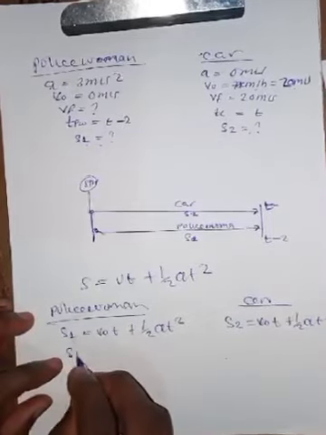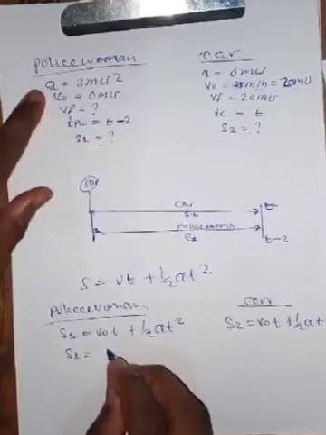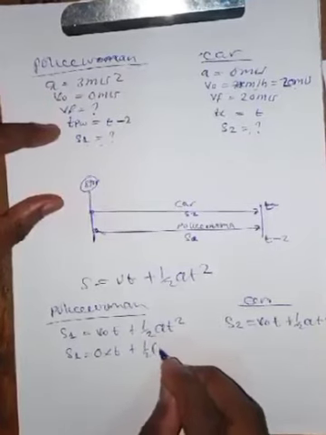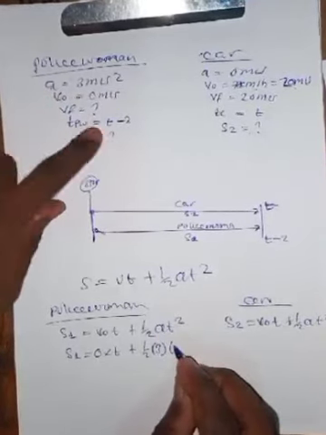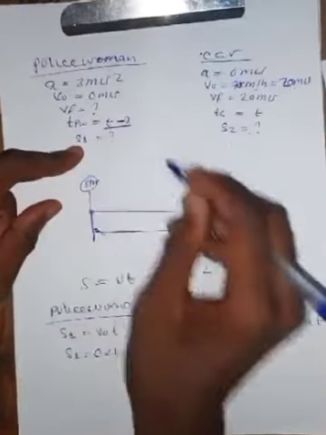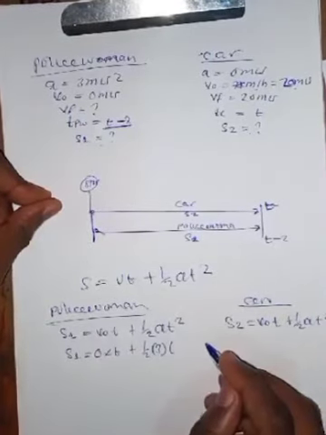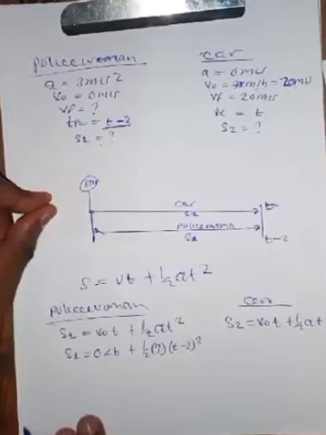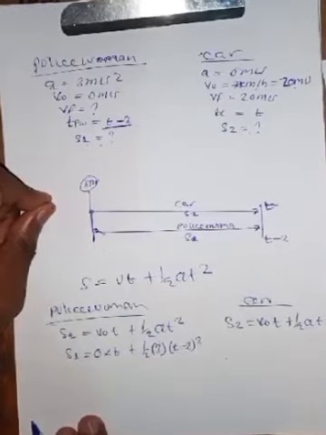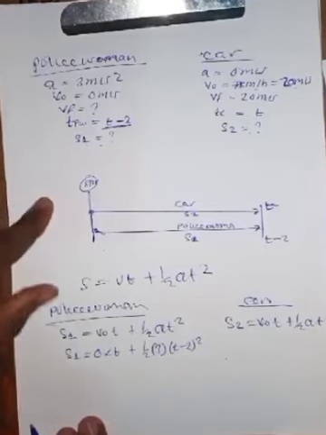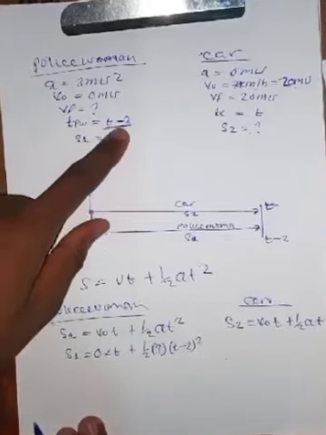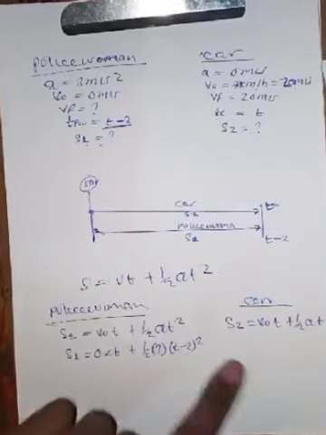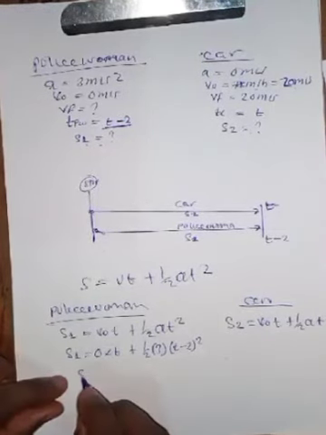Definitely the same things. But as we start plugging in the values, S1 equals initial velocity 0 times time plus 1 over 2, acceleration is 3. Then the time of the policewoman is t minus 2. So where there is time, we put t minus 2 squared. Very important, please take care of that. The time of the policewoman is t minus 2, so where there is t, put t minus 2 and square it.